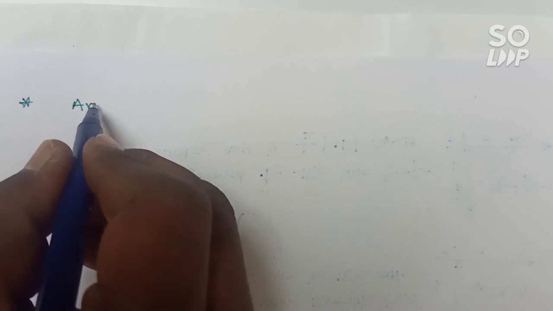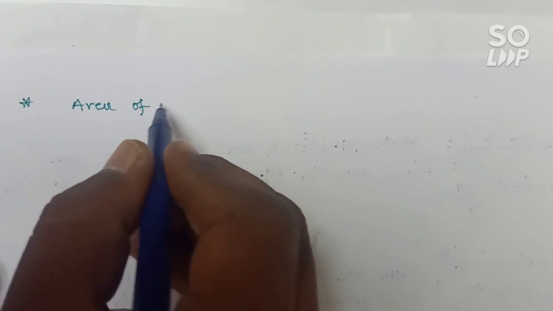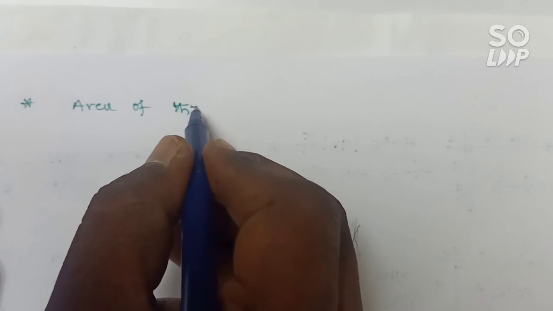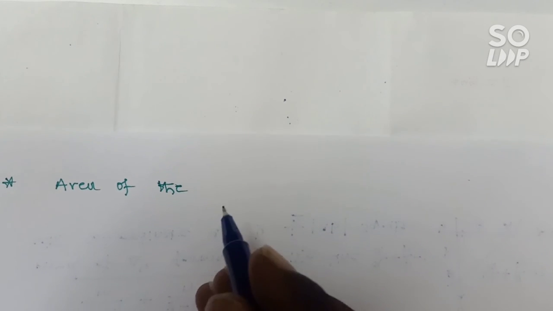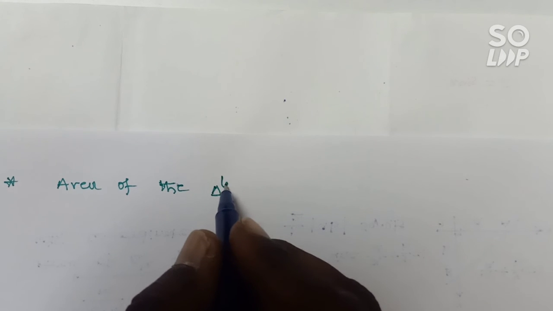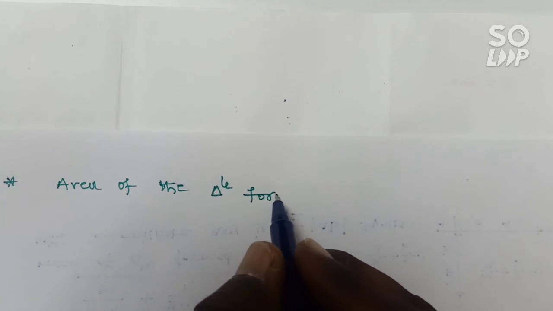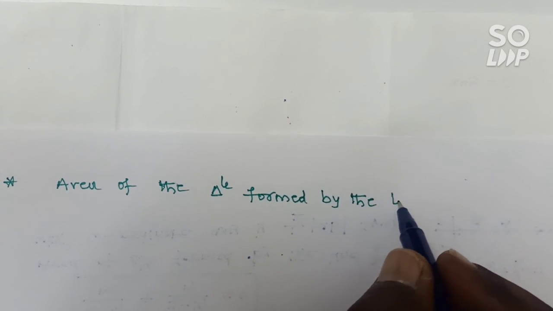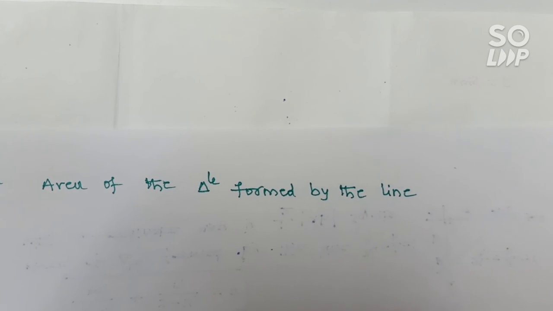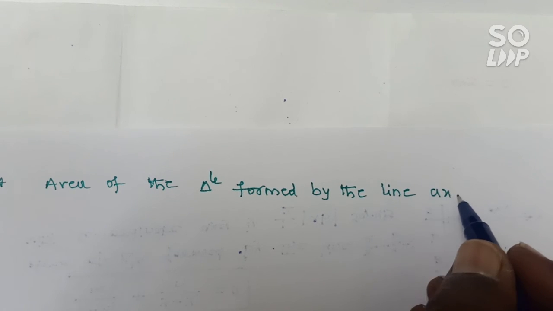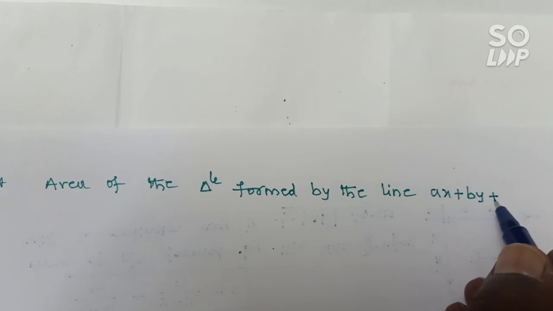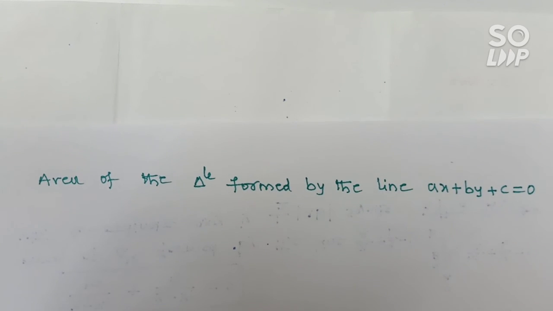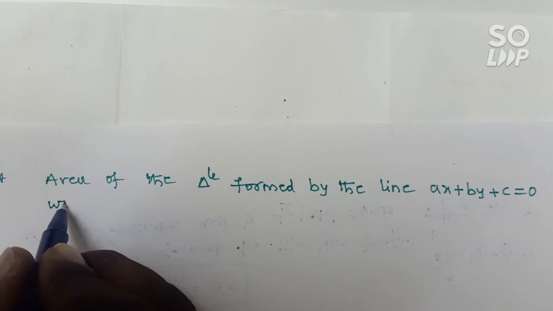Suppose you take the line, the area of the triangle formed by the line ax plus by plus c is equal to 0 with the coordinate axis.